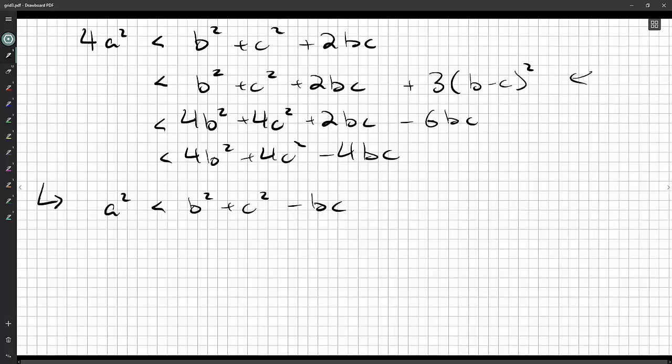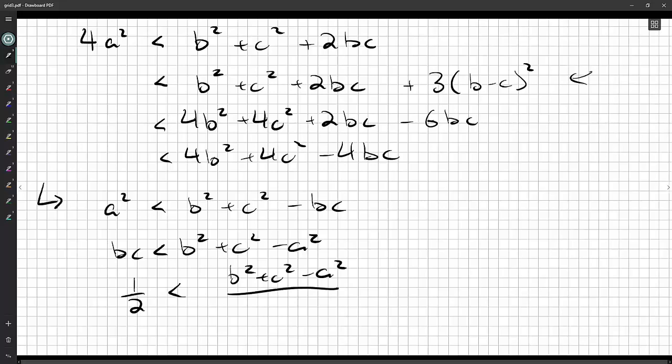And then rearranging this, you get b squared plus c squared minus a squared is greater than bc. And so divide by 2bc, which, you know, they're lengths, so it's not going to change the sign.